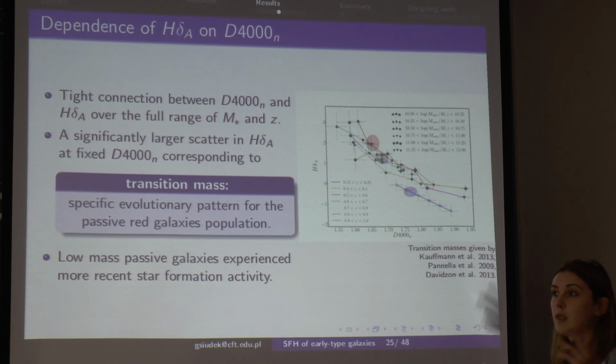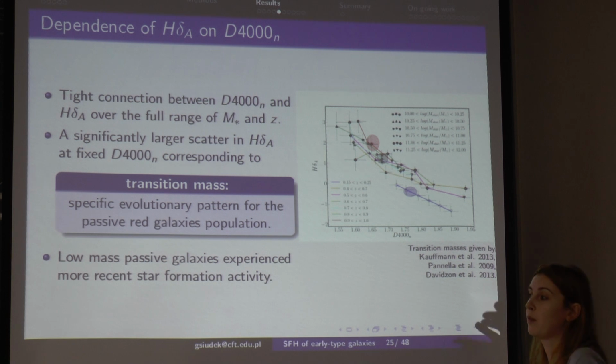They also have the youngest red passive galaxies which just joined the population, and above this stellar transition mass we have galaxies which are already in a state of passive evolution.